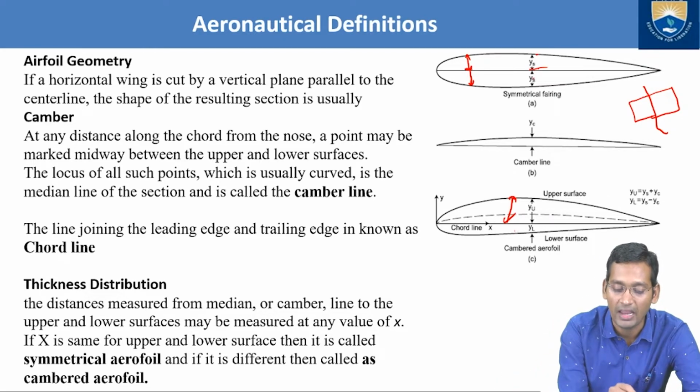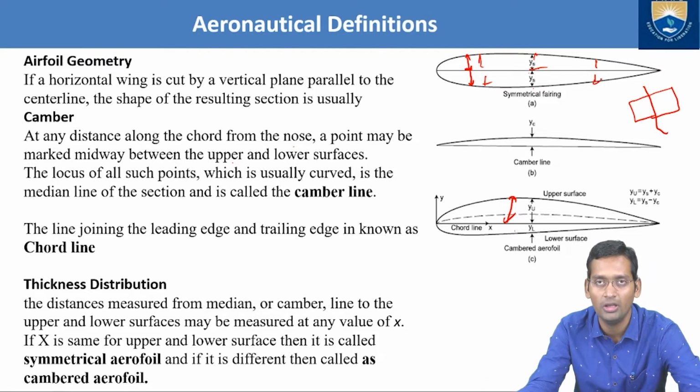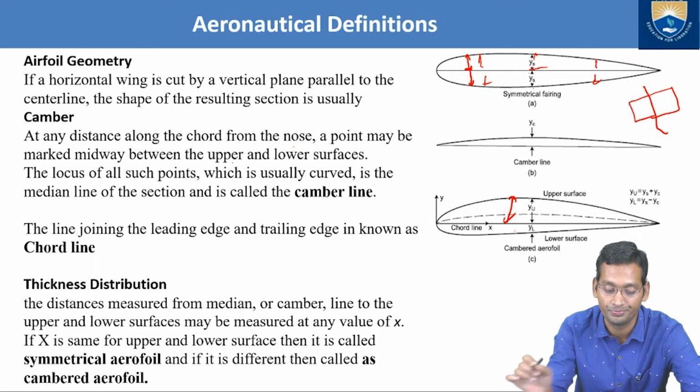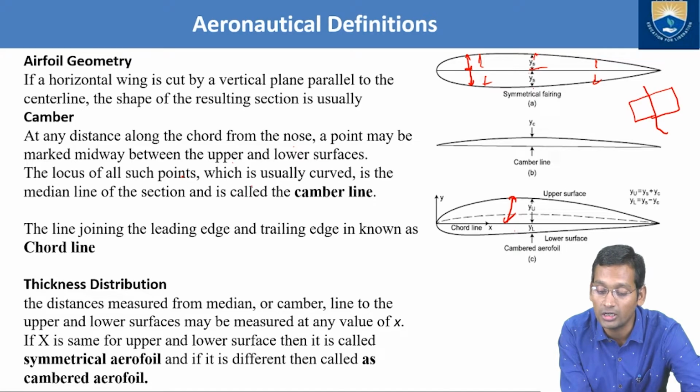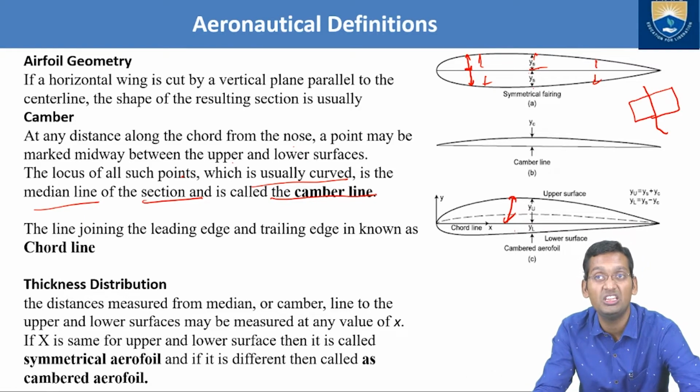Camber: at any distance along the chord from the nose, a point may be marked midway between the upper and lower surface. You can mark anywhere, this point, this point. Anywhere the distance must be the same. The locus of all such points, which is usually curved, is the median line of the section and is called the camber line.